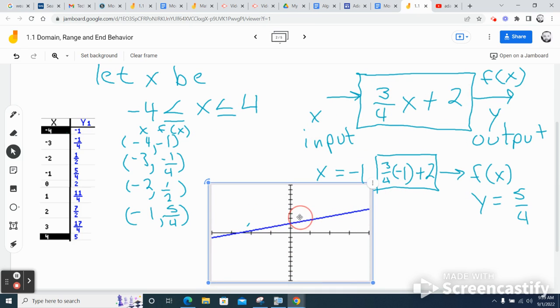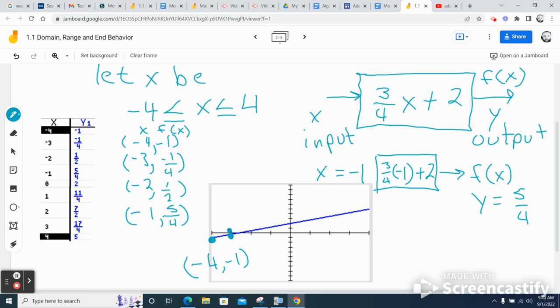And so what I do want you to do, though, is label these points. Let's just label the points so you kind of see it. So right here, this point here is -4, comma, -1, right? This point here is -3, comma, -1/4.